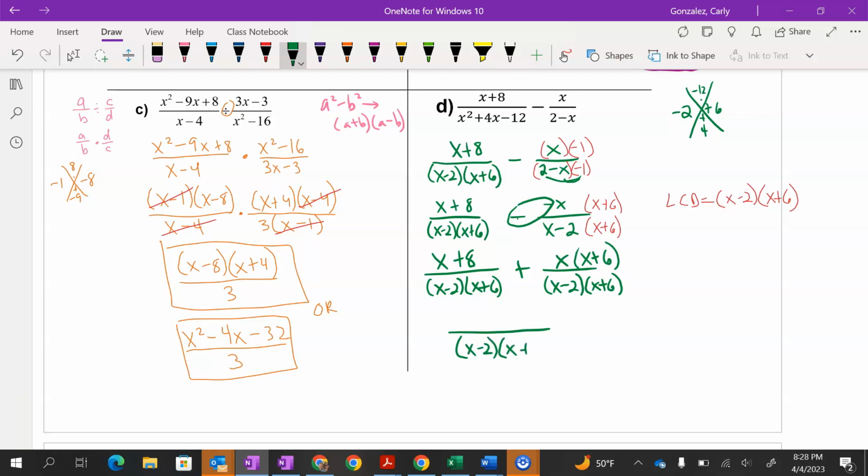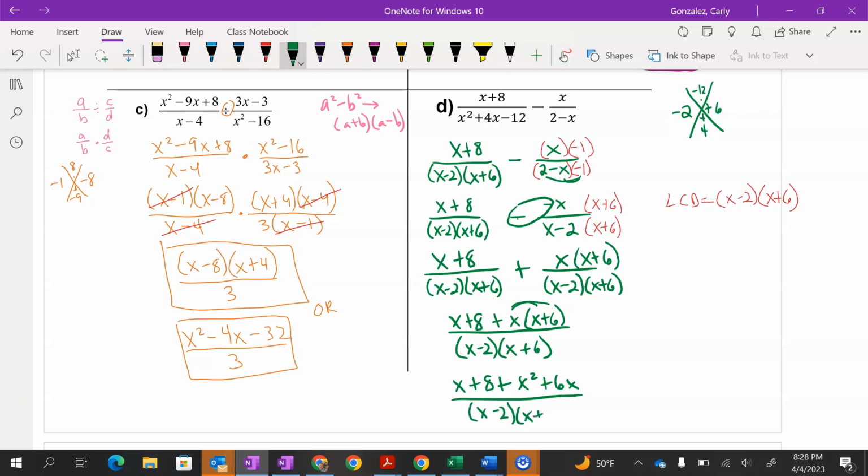So x minus 2, x plus 6 is that common denominator. And then we just simplify the numerator, x plus 8. And then you could skip this step and just distribute right here, or I'll go ahead and distribute it now. So the x distributes to both the x times x is x squared, and to the 6. X times 6 is 6x.